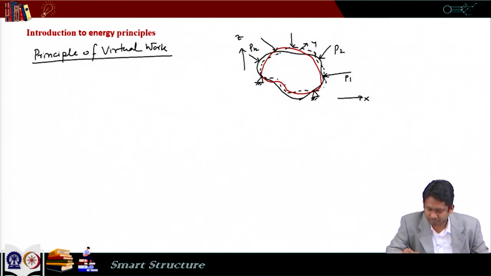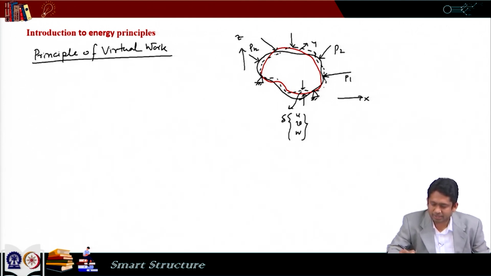If I show the difference between this and this, that is our delta of u, v, w, where u, v, w are the displacements along x, y and z of any point in the body.